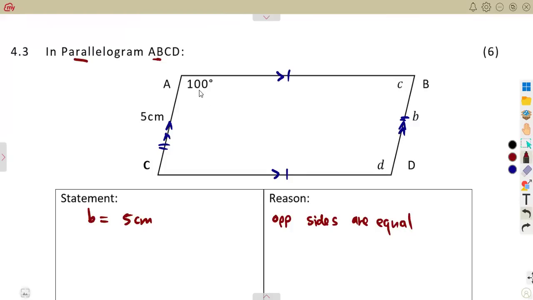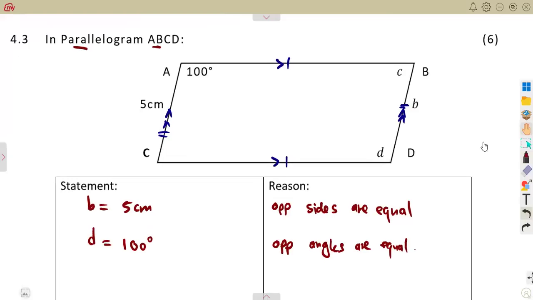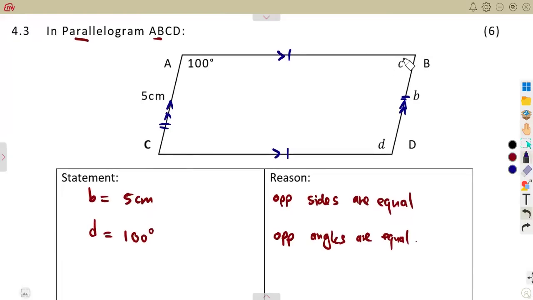We can determine this angle D here. As long as you're in a parallelogram, opposite angles are equal also. To find the angle at C, this one, you can now use the co-interior angles, as you can see that we are forming a C. This is 100.